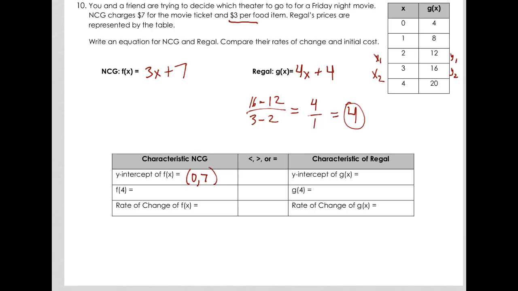Well, we can just do the math. 3 parentheses for x, and then 7, and we plug in a 4. 3 times 4, that's 12, plus 7, that would be equal to 19. So f of 4 is 19.